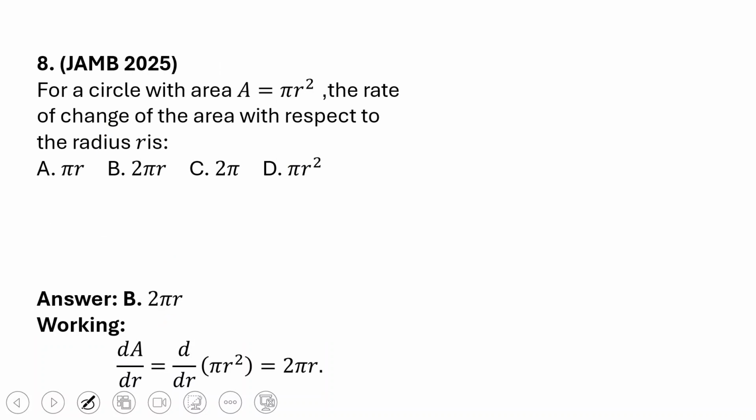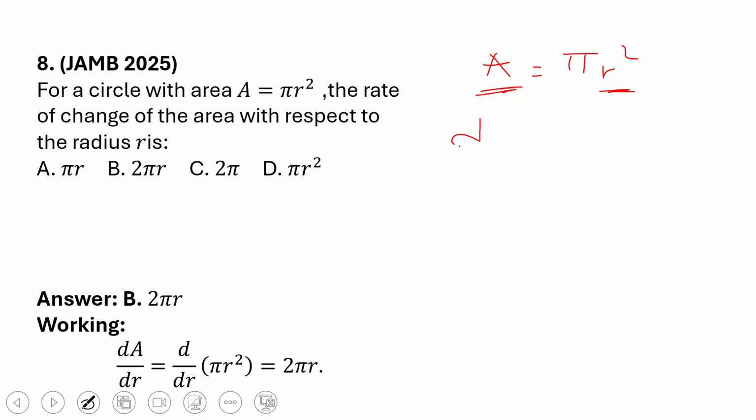Okay, so 8 says for a circle with area A equals pi r squared, the rate of change of area with respect to the radius r is... Rate of change is differentiation. You differentiate A with respect to r, where A is area and r is radius.